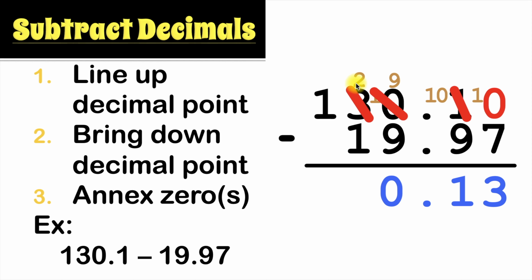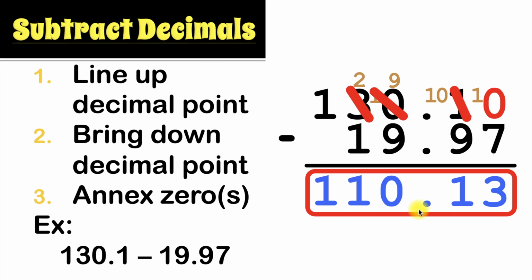And 2 minus 1 equals 1. And 1 minus nothing is 1. Making our final answer 110.13. Properly read as 110 and 13/100ths.